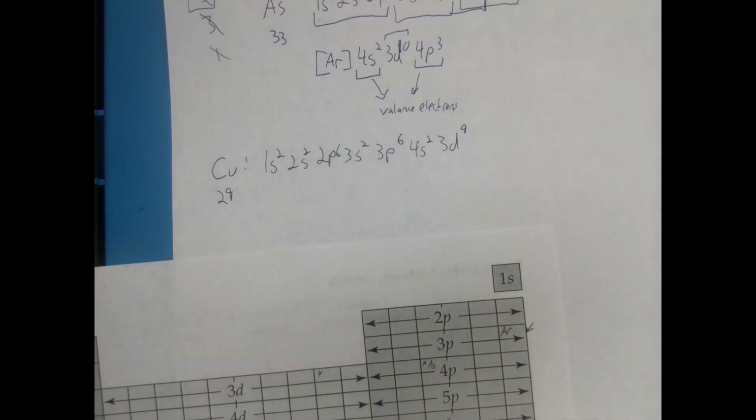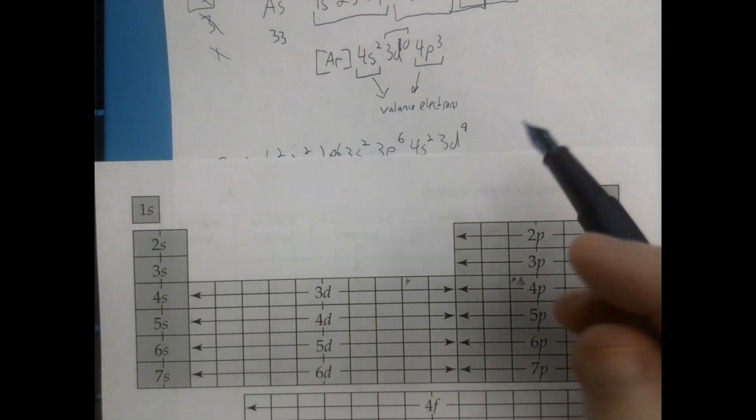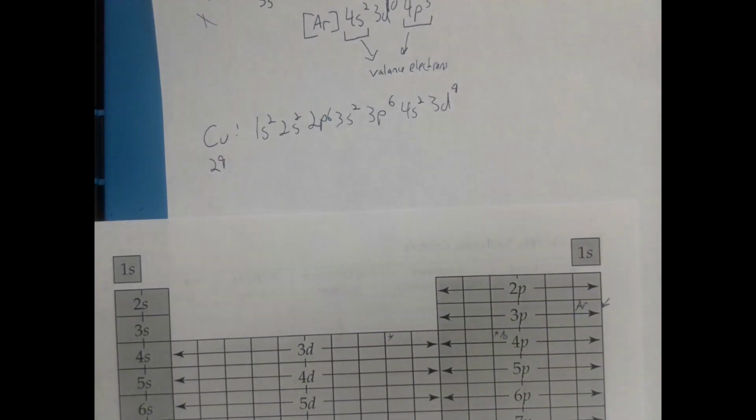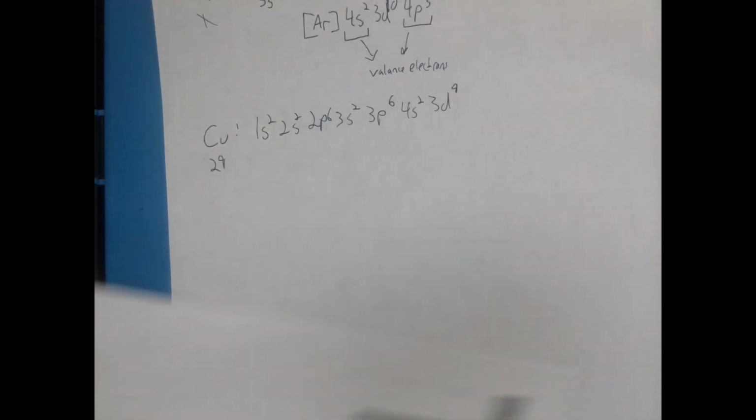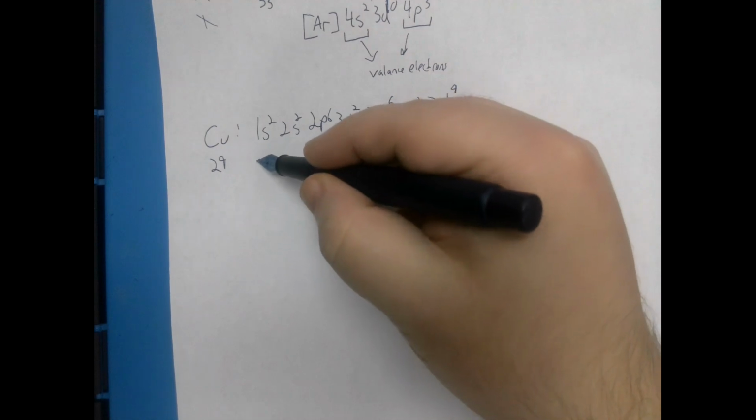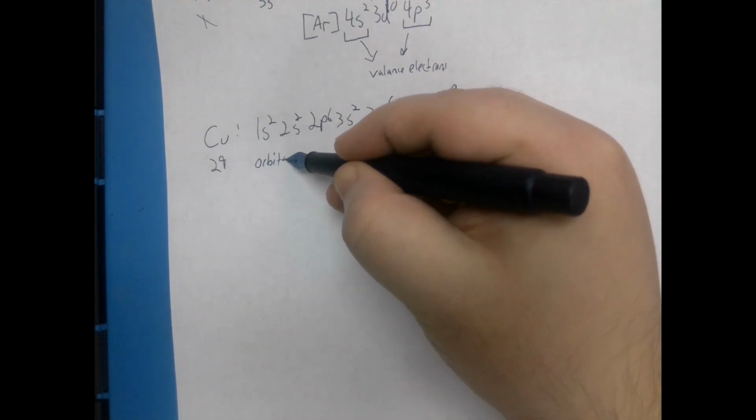And I personally like using the periodic table because of how quick I'm able to generate this. But let me actually write the orbital diagram for this.